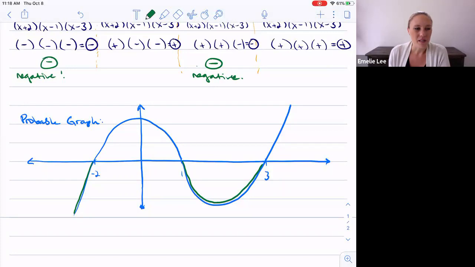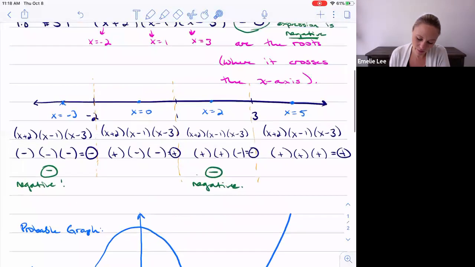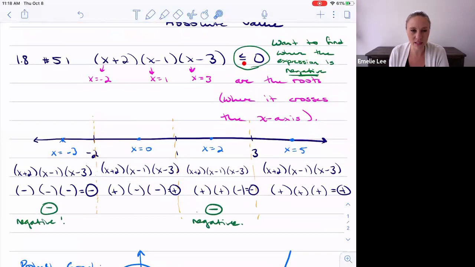And then it's positive for the rest, right? So it's negative wherever it's below the x-axis, and so that's from -infinity to -2, and then from 1 to 3. Okay. One thing to keep in mind here is that we wanted it to be less than or equal to 0, and so it is including these endpoints because it can be equal to 0, which is what happens at each of these roots.